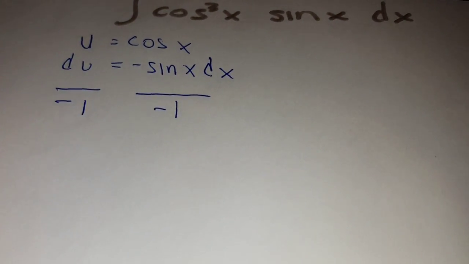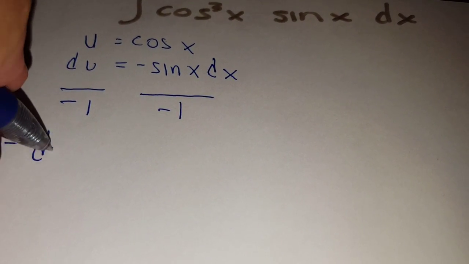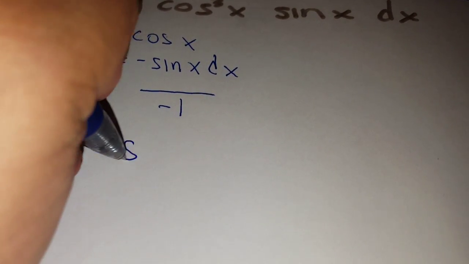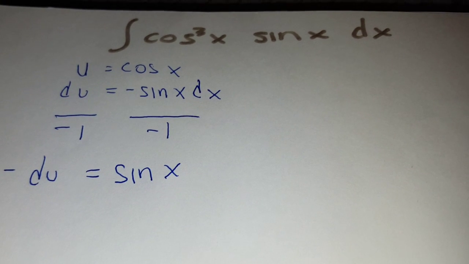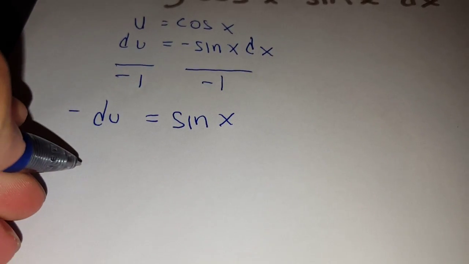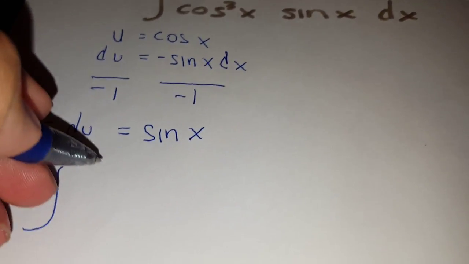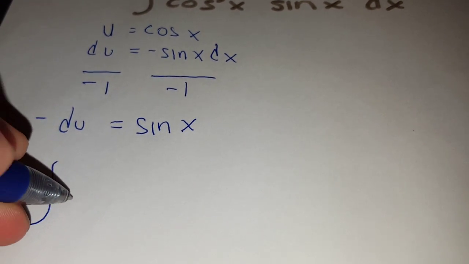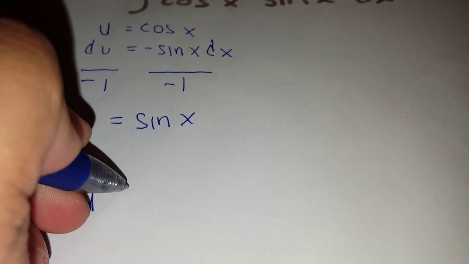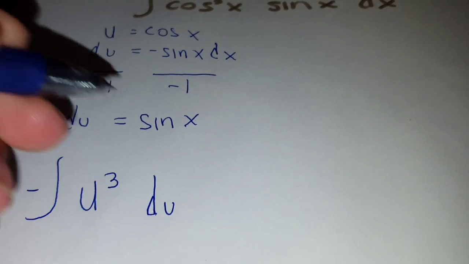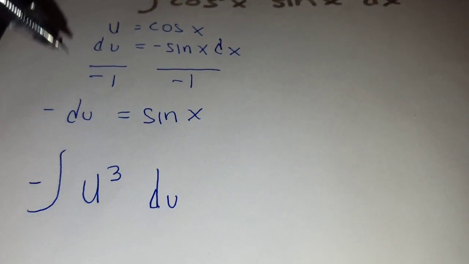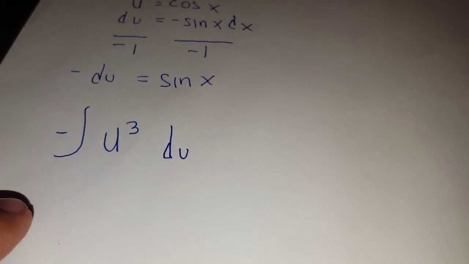So negative du is equal to sine of x dx. Bingo, sine of x. So bring that negative outside. Your u is cosine, so that's u cubed, and then du. Awesome, everything is no longer in terms of x, and there we go.